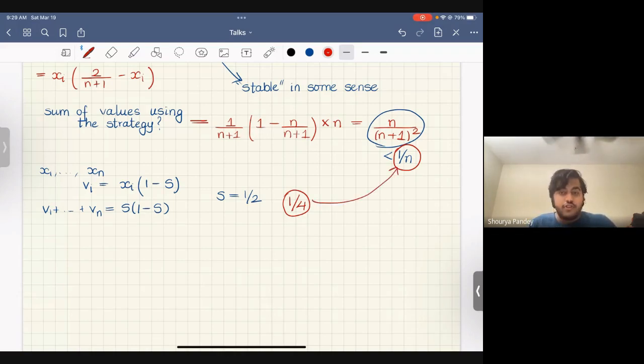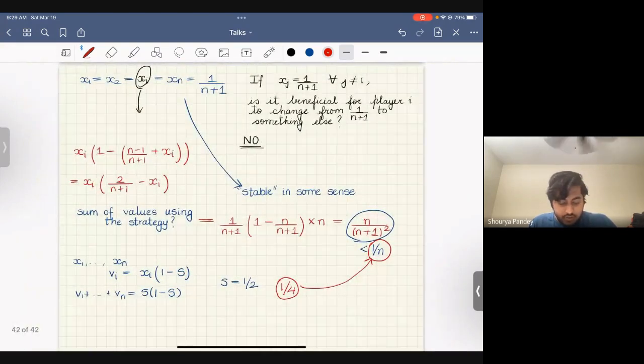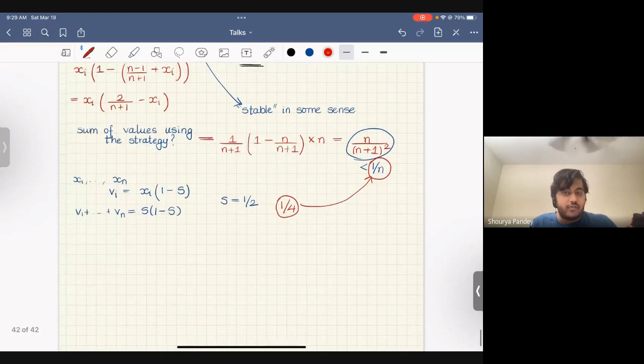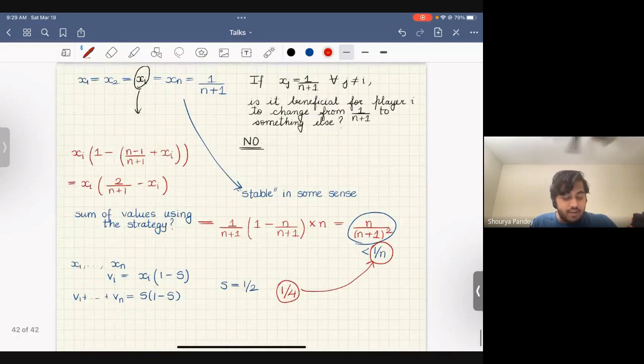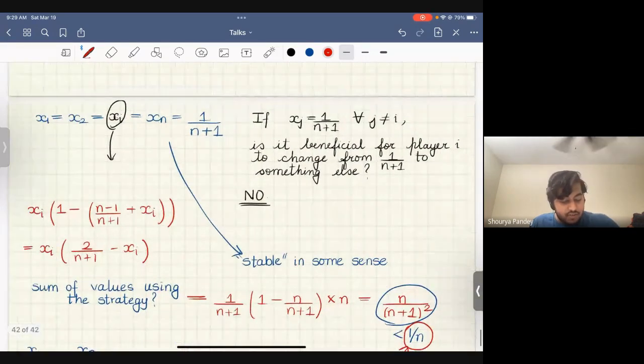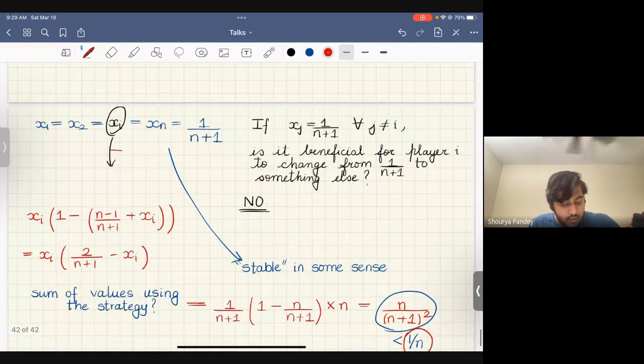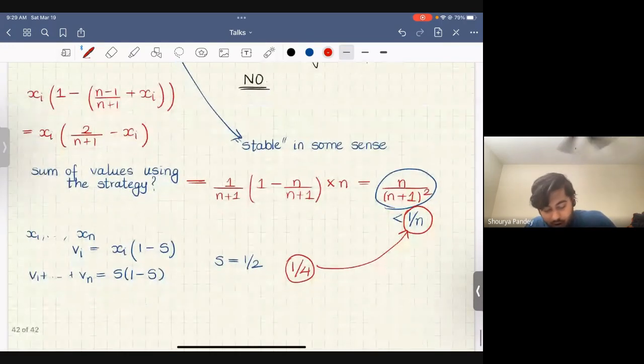And so this is really bad, because usually in these practical situations, n is really large, and if people are greedy, then nobody benefits. Even if we have such strategies which are stable, we get such a poor 1 by n.